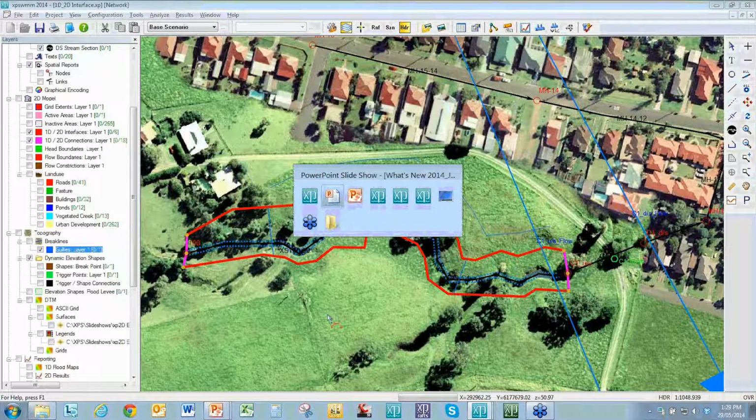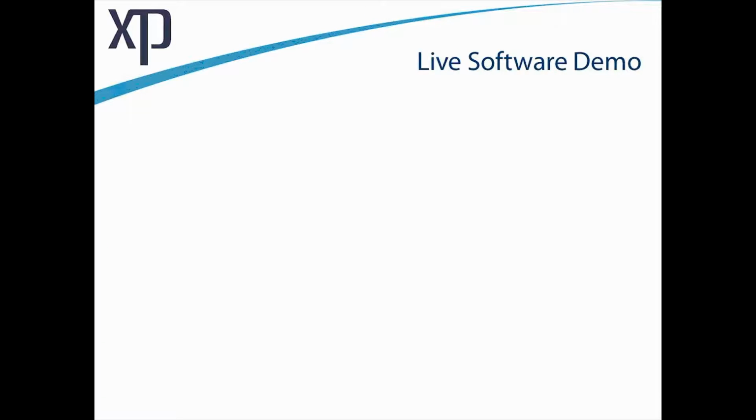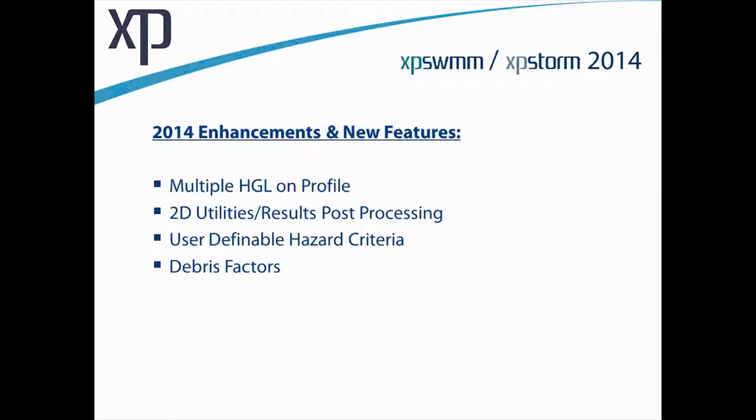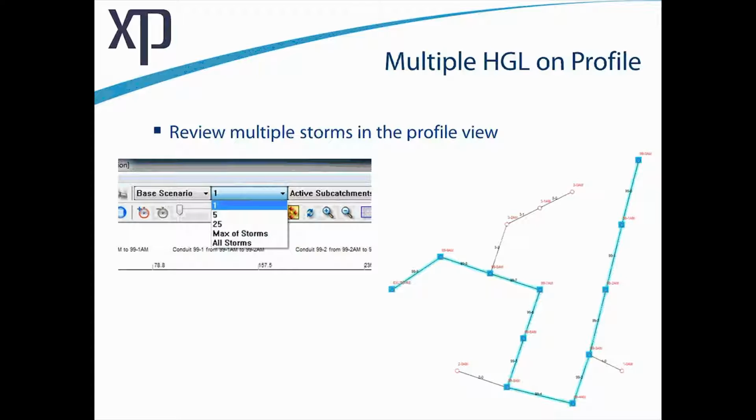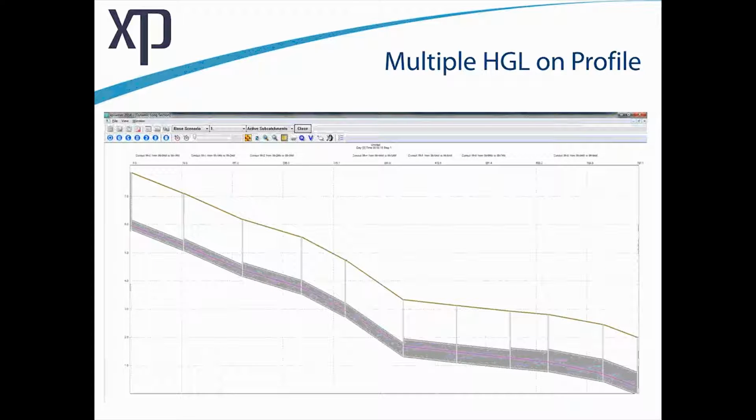I'll go back into the slideshow and move on to talking about the enhancement to our profile views, our long section views. And it's now possible to review multiple storms in the profile view.